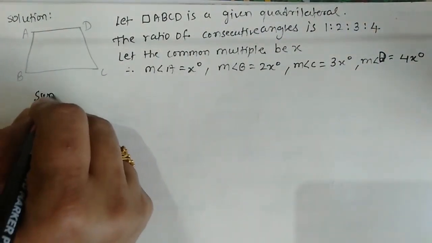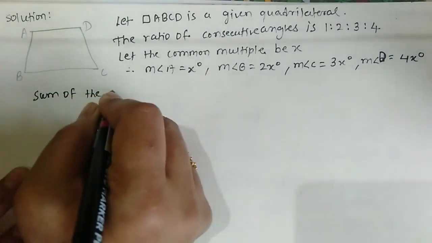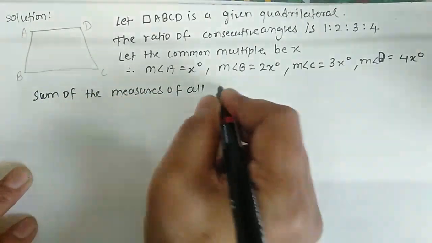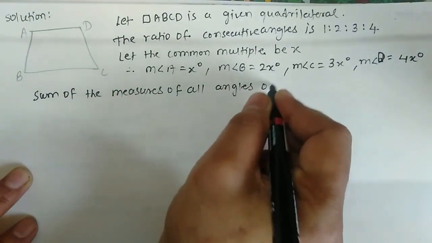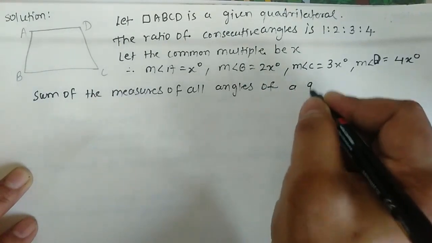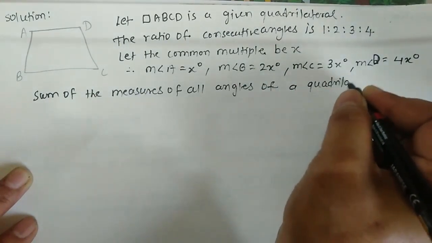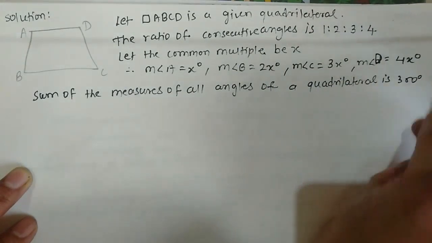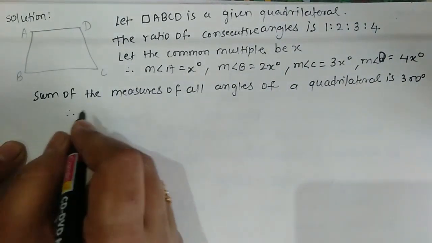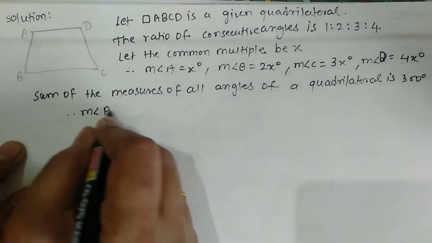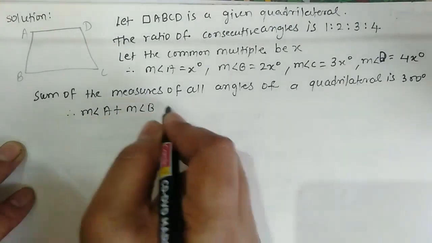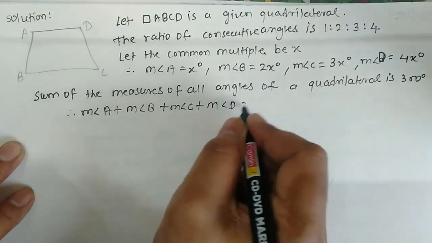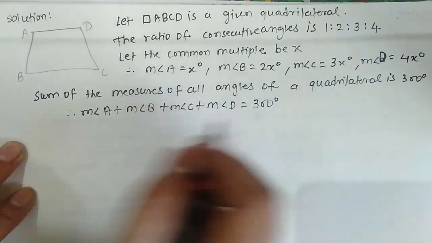Now we know that the sum of the measures of all angles of a quadrilateral is 360 degrees. Correct? So therefore, measurement of angle A plus measurement of angle B plus measurement of angle C plus measurement of angle D is 360 degrees.